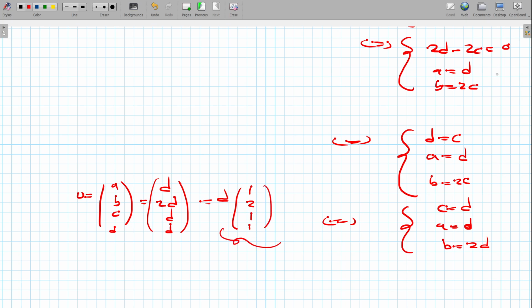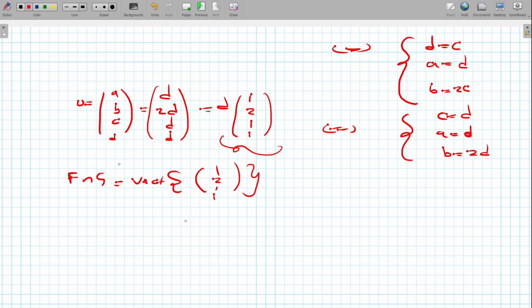So here we can see that F intersection G is equal to vect of 1, 2, 1, 1, like so. Now this is only one vector. So this vector is libre.